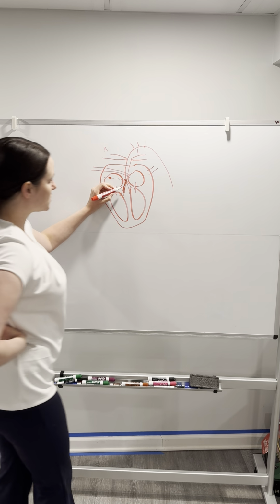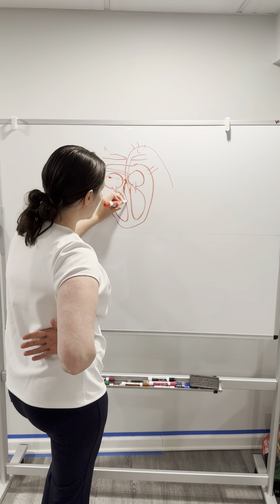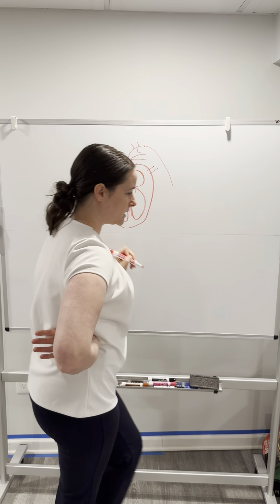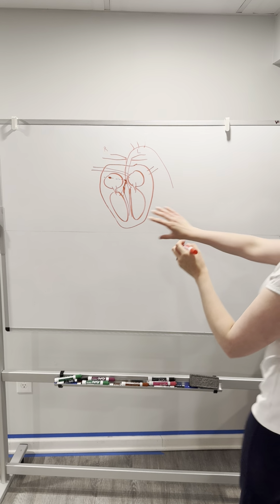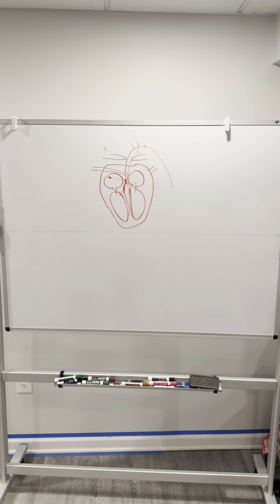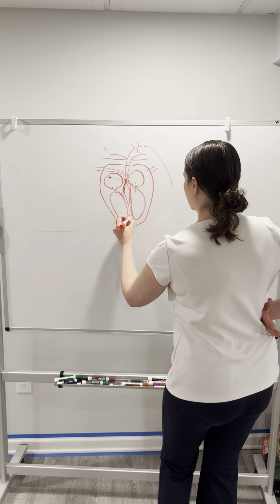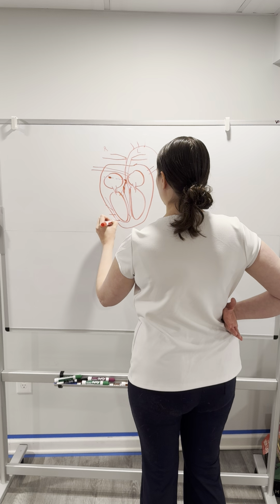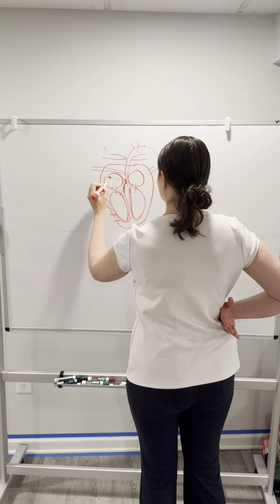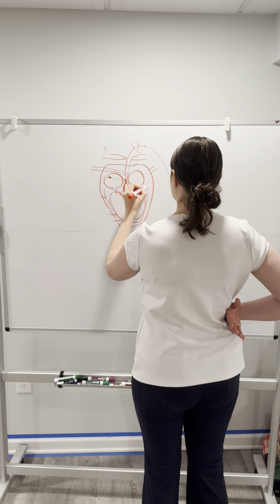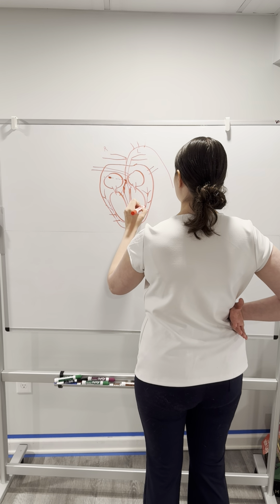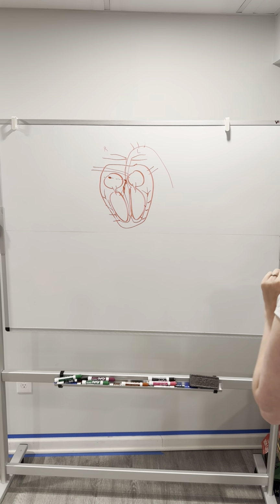Then it branches off into the right and left bundle branches, and it carries the impulse toward the apex of the heart, which is at the bottom of the heart. And then into the Purkinje fibers, which come up and around and branch off to give electrical signals to all the different parts of the myocardium of the heart. Those are the Purkinje fibers there.